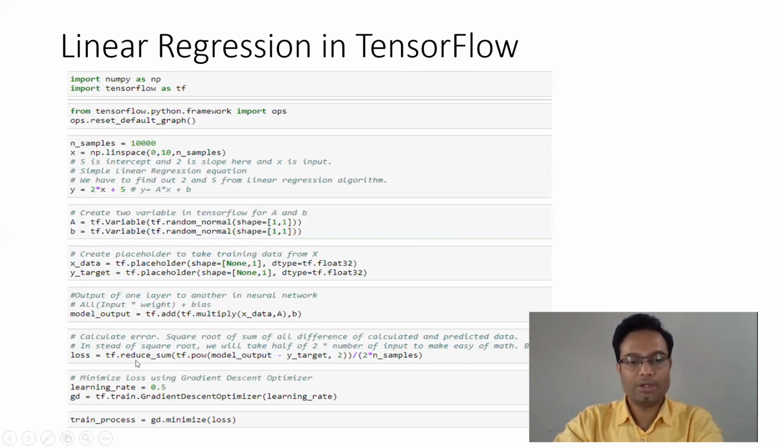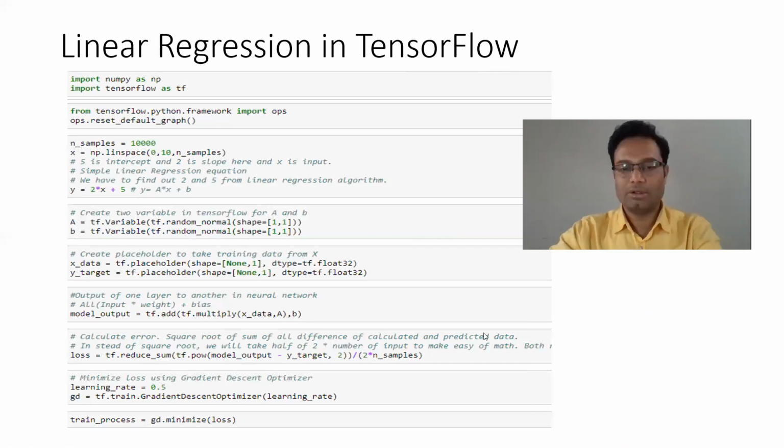Now you have to find the loss. The loss is calculated by the squared difference between the actual and the computed data. But instead of the square root, it will give the same answer if you just use half of the reduced sum. You can use this formula for that. Then the learning rate.